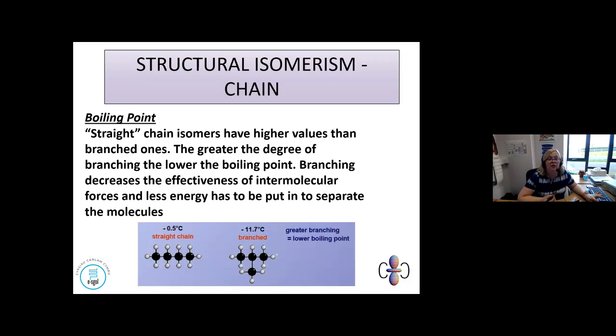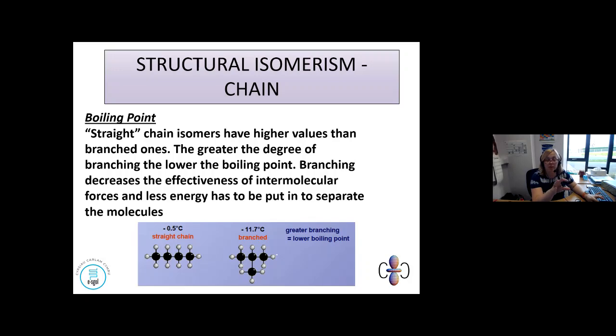So as a result, if you compare the two isomers of C4H10, the straight chain butane has a boiling point of minus 0.5. Okay, so just beneath freezing point of water, so 0. But the branched one, it isn't a huge difference, but you can see that there has been a dip in that boiling point. So suddenly the branched version, the 2-methylpropane, has a boiling point of minus 11.7.